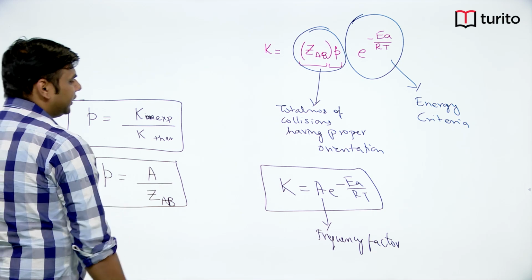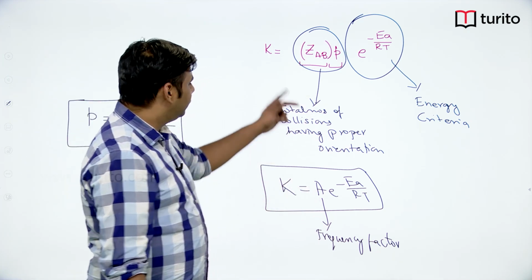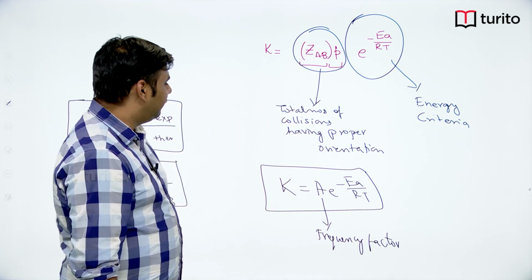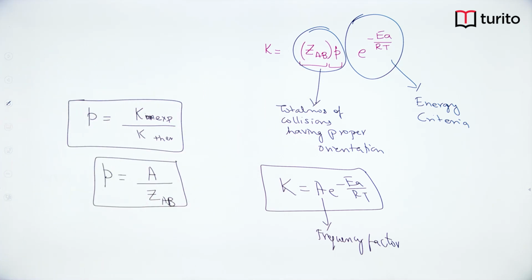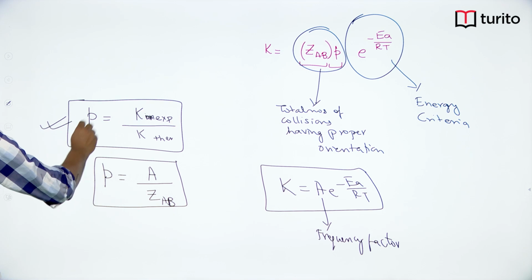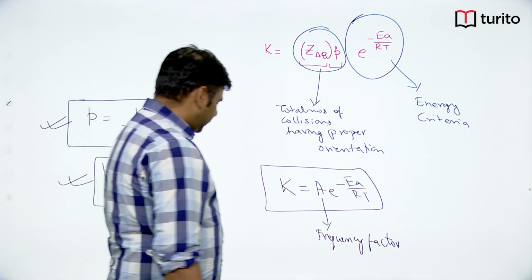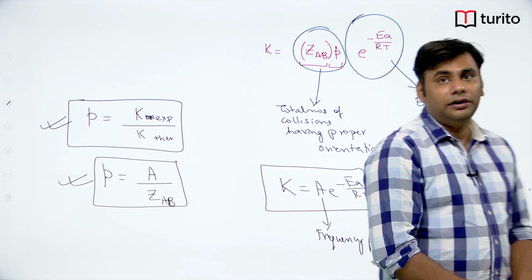So we can basically equate these two, and when you equate these, we can clearly say that P will be equal to A upon ZAB, that is, the Arrhenius constant divided by the collision frequency. Just remember these formulas, we will solve some questions on this as well. So this is about the collision theory.